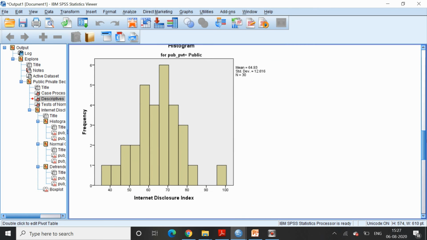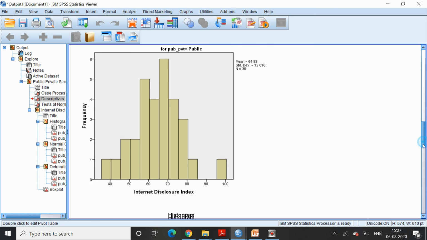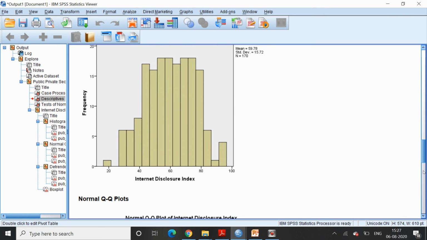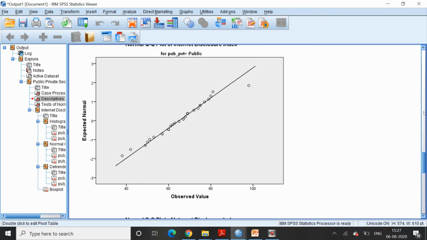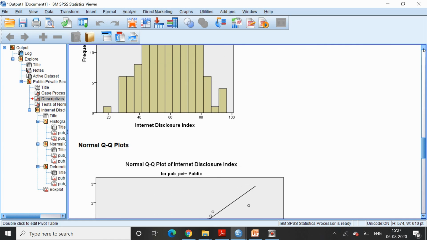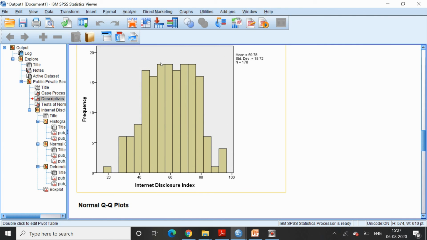Now if you see the histograms for public and private sector, it looks like a bell-shaped curve, which is normally distributed, and the same for the internet disclosure index. You can see that the data is taking the shape of a normal distribution.